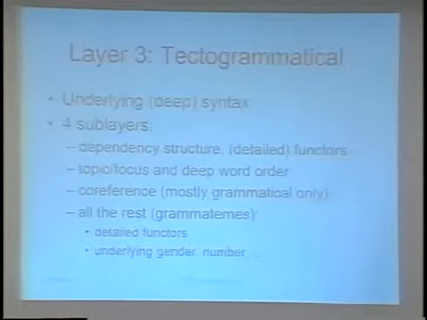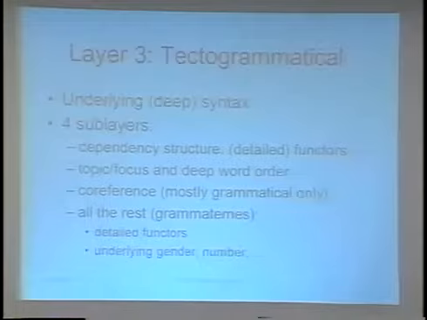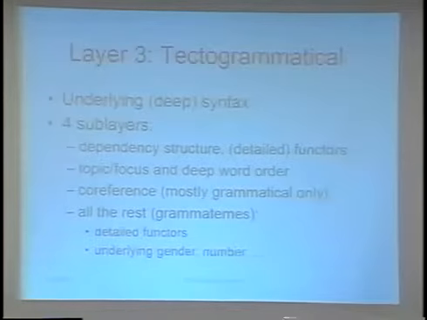And I will show a difference between the dependencies on the surface level and the deep level, and the functions on the surface level and the deep level. Then the next sublayer is the topic and focus, and again I will show an example of what it means. Coreference is the third layer, and I won't talk much about the last, which is just bits of information that have to be filled in so that we don't lose anything.